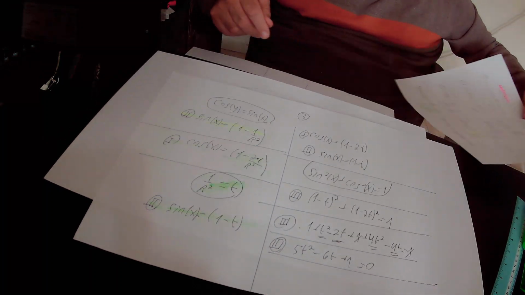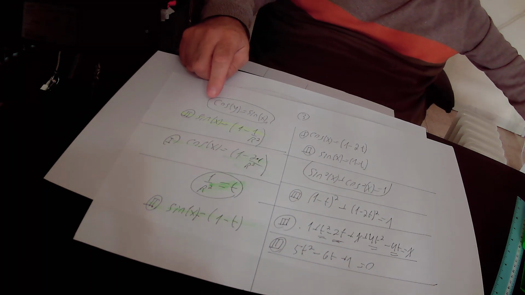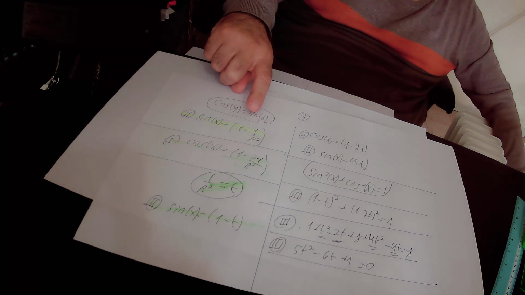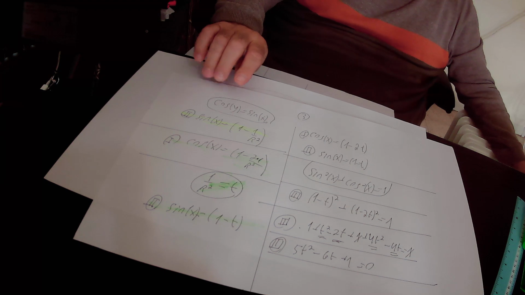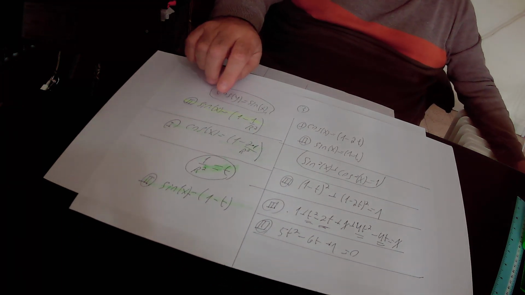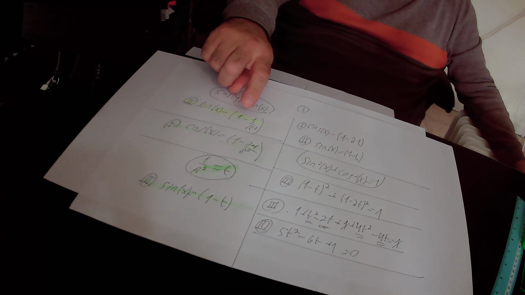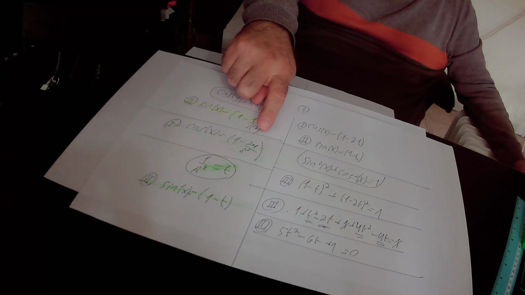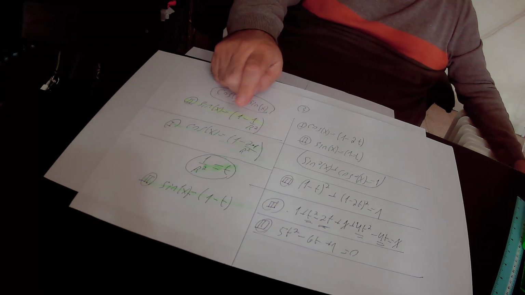Repeat again: sine x, according to equation number 2, equals 1 minus 1 over r squared. And we have already found out that according to equation number 1, cosine x equals 1 minus 2 over r squared. It is allowed to multiply everything by 1 because it doesn't change the expression.